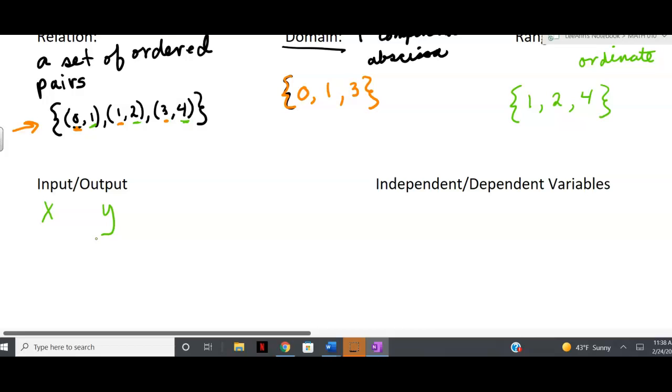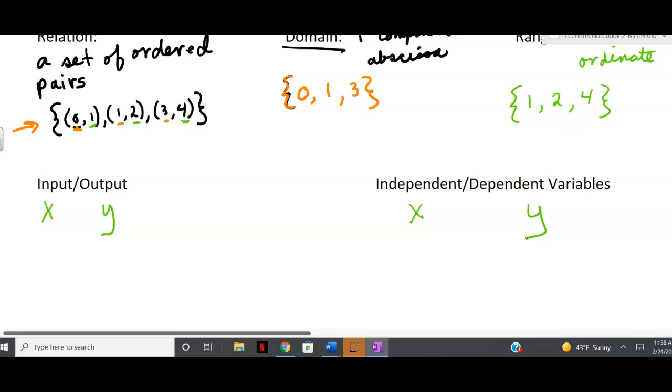So you're going to put something in and get something out. We also refer to them as independent variables, that would be the X, and the dependent variable, which would be the Y, okay? So sometimes I'll use those terms, input, output. I don't use the terms independent and dependent variables, but other people do.